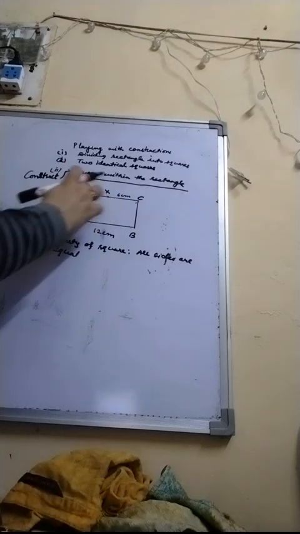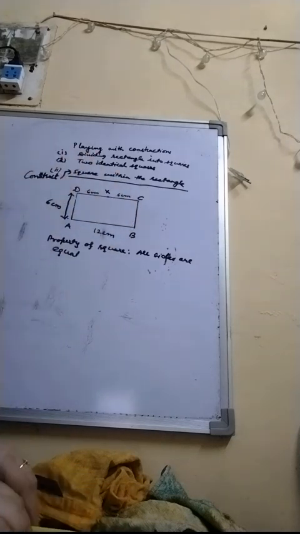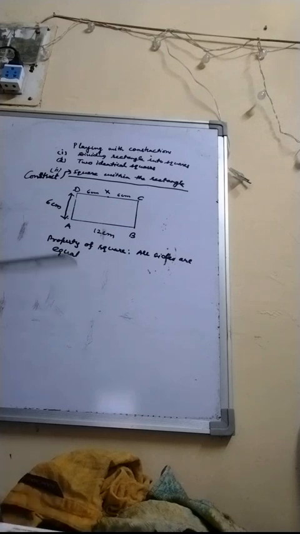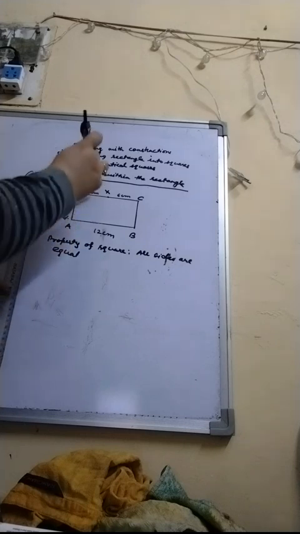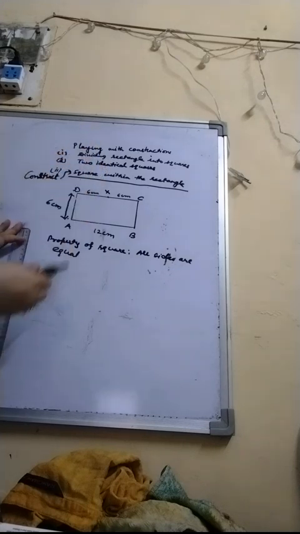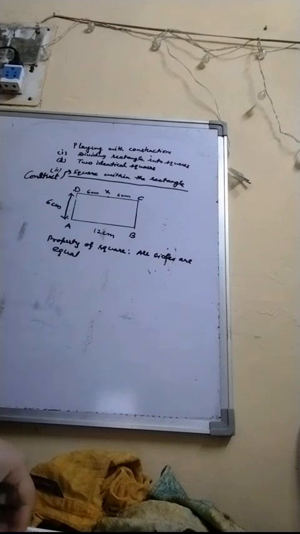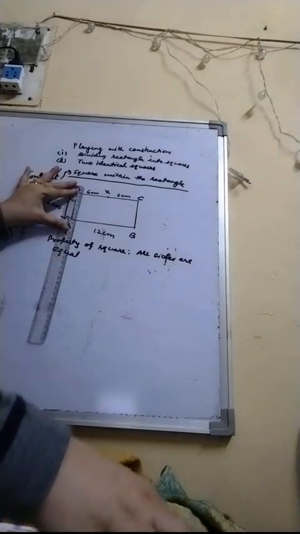So now we are going to construct the square. On this line we have to get 6 centimeter so that we can draw the square. Suppose I draw a line here.